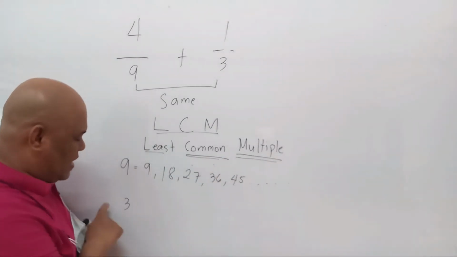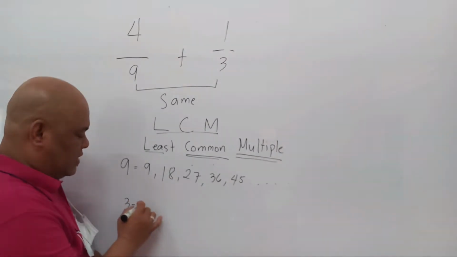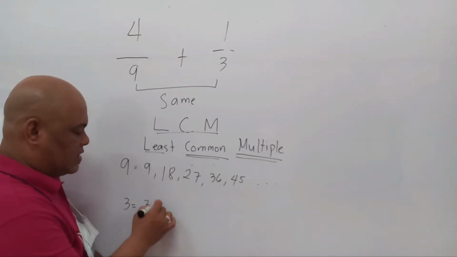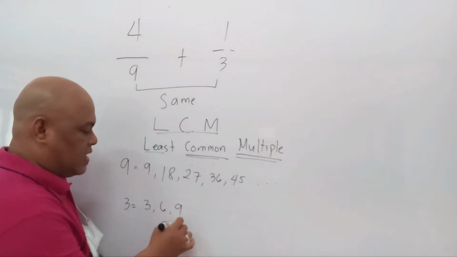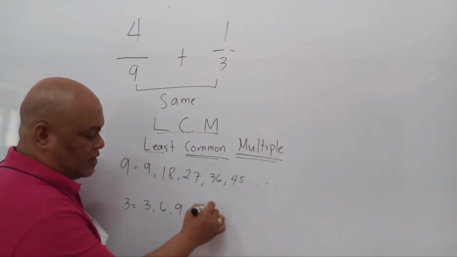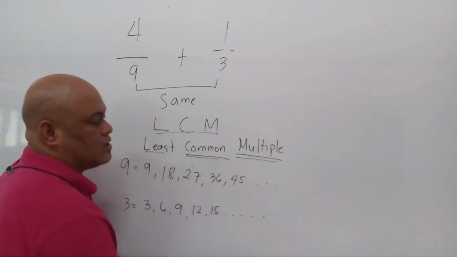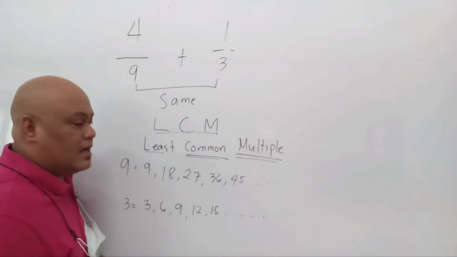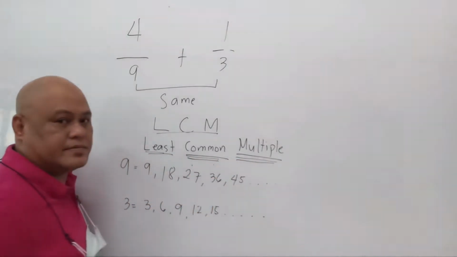Okay? So now, let's get the multiples of 3. 3 times 1 is 3. 3 times 2 is 6. 3 times 3 is 9. 3 times 4 is 12. And 3 times 5 is 15. So on and so forth, until you get the least common multiple.